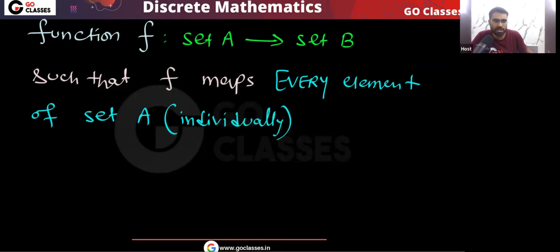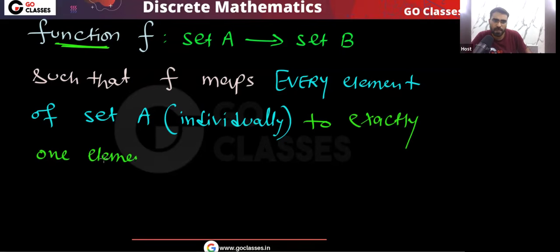If you look at any element of set A, then this function is going to map every element of set A to exactly one element of set B.